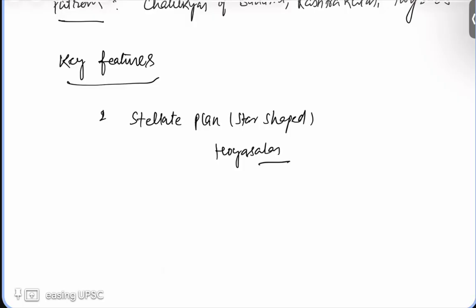If UPSC is asking about this star shaped, remember it is associated with Hoysalas. The temple is built on a star shaped platform, providing more surface area for intricate carvings.